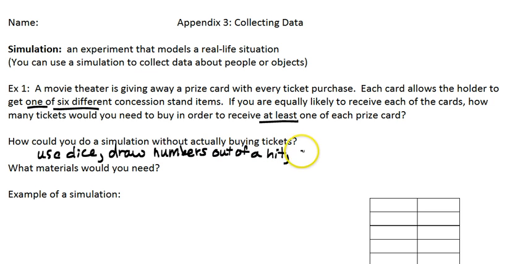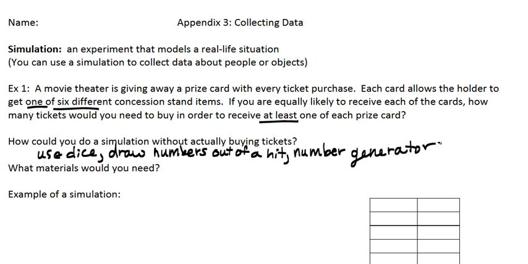Or we could use the random number generator on our calculator. These are all ways I could simulate me going to the movie theater a bunch of different times and every time getting a prize card. So I could roll dice to have some sort of random way of figuring out how likely am I to get all 6 prize cards within a certain number of dice rolls, something like that.